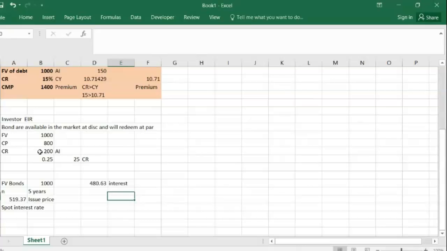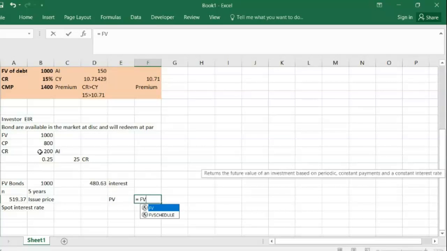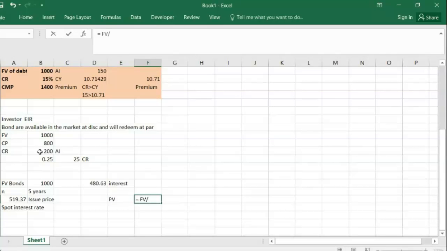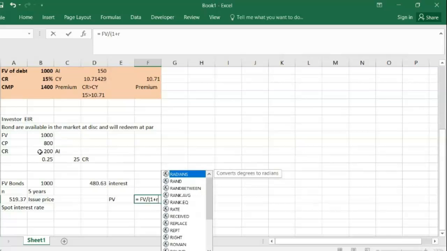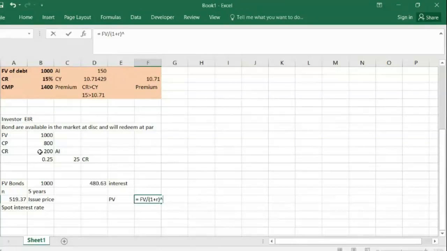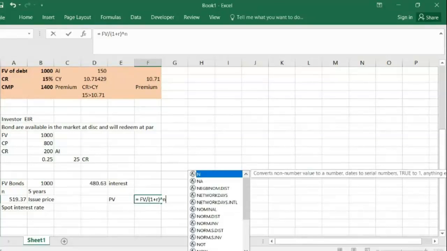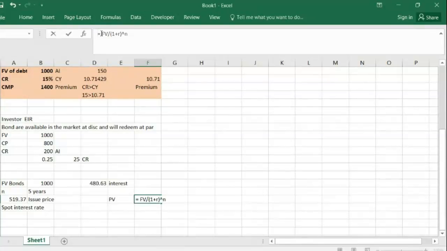You all know the calculation of present value. How can you calculate the present value? The future value divided by 1 plus r to the power n is the formula which can be used for this particular purpose.